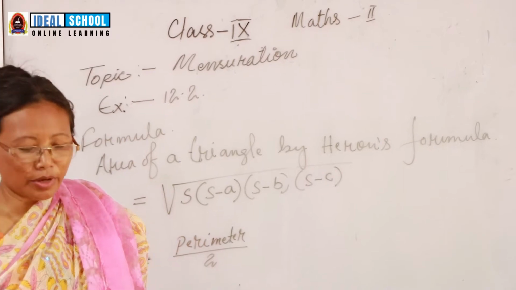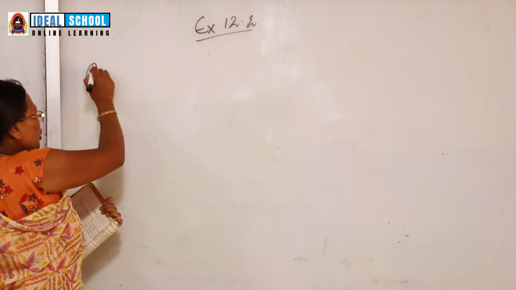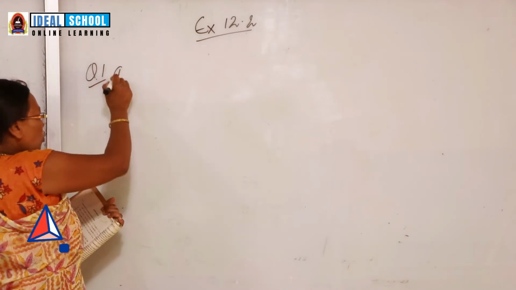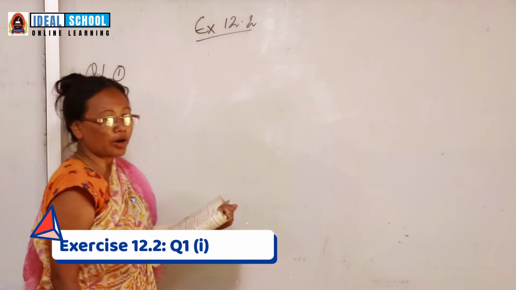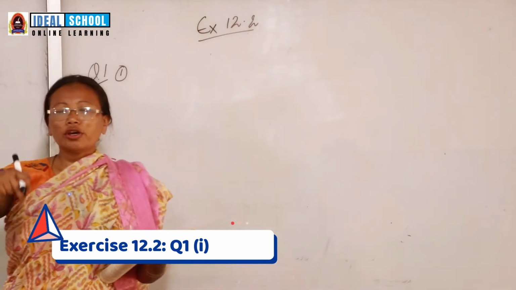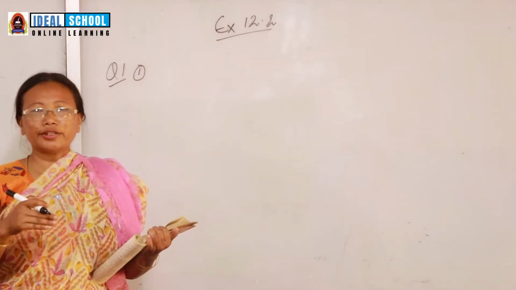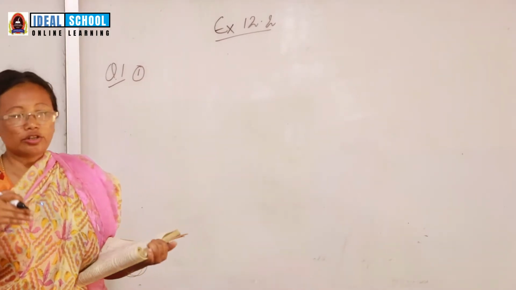Now let's see. Exercise 12.2, question number 1, Roman number 1. I'll do only this Roman number 1, and the rest of the questions will be your assignment, so you have to listen carefully when I explain it. Then try your best.